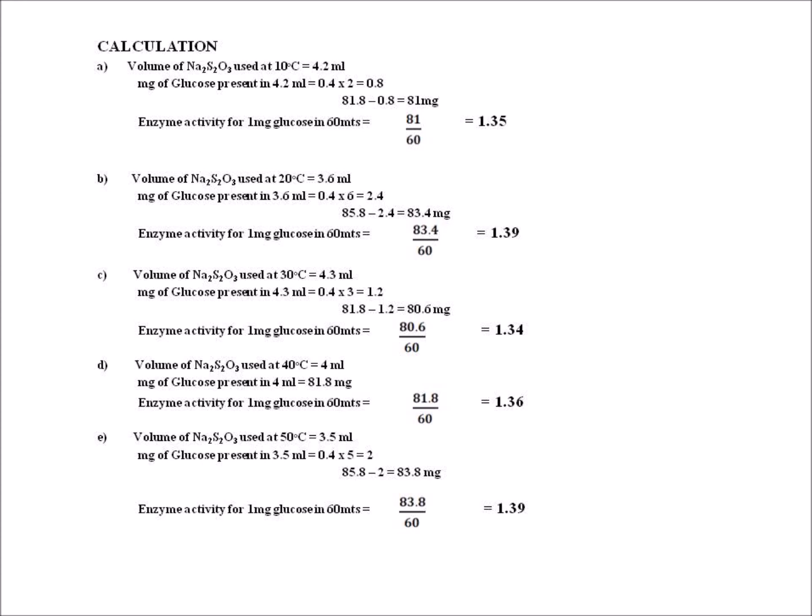So from Scales' sugar titration table, we got 81.8 minus 0.8 is equal to 81 milligram. Hence, enzyme activity for 1 milligram glucose in 60 minutes is equal to 81 divided by 60, which is 1.35. This is for 10 degrees Celsius. Like this, we should calculate for 20, 30, 40 and 50 degrees.